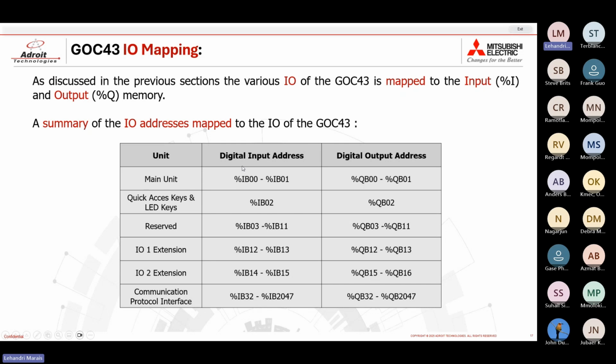Furthermore, the main unit reserves byte 0 to 1 for input and output, byte 2 for input and output for your LED keys and quick access keys, and byte 12 to 13 for input and output for your IO extension slot 1. For your second slot, it's byte 14 to 15 for both your inputs and outputs. And for your communication protocol interface, it is byte 32 to 2047 for both your inputs and outputs.